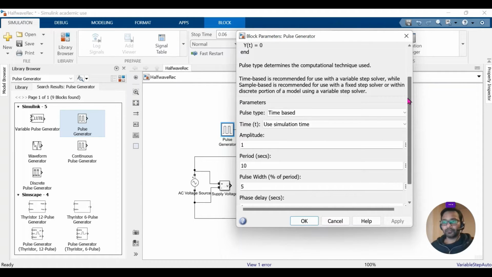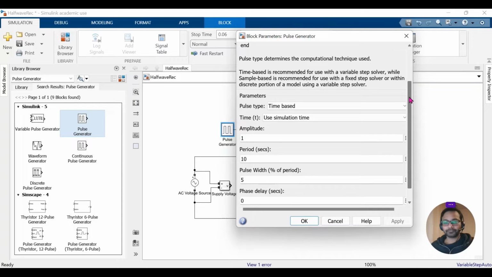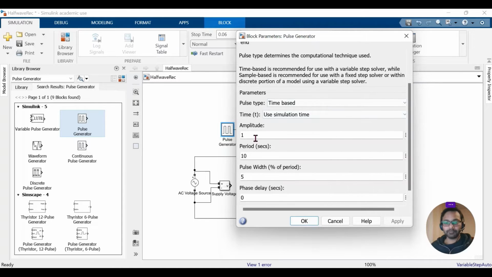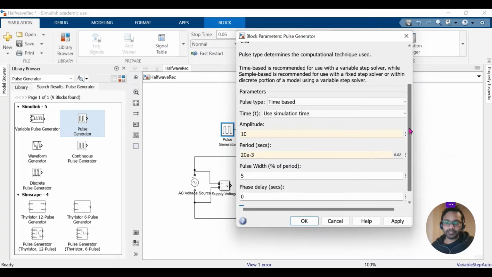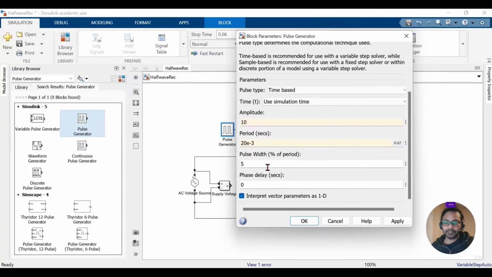Okay, so the amplitude should be 10. And the period, again the frequency is 50 hertz, so accordingly I'll set the time period for the square pulses. That will be 20 e to the power minus 3, that is 20 millisecond.